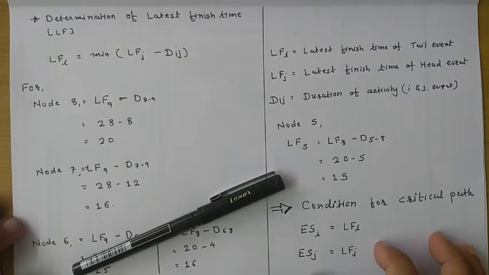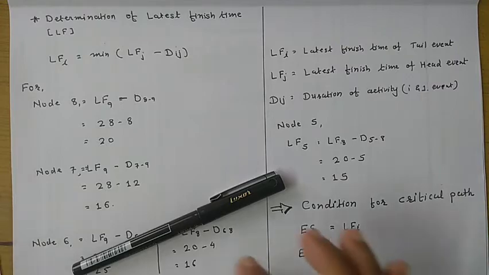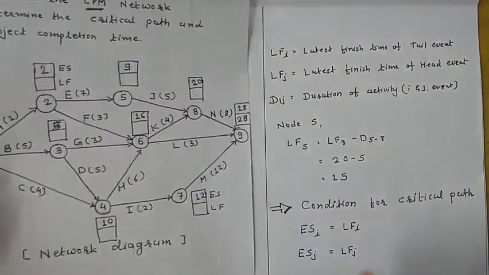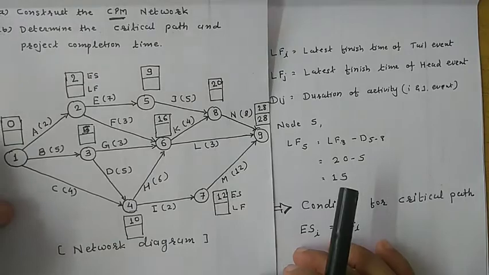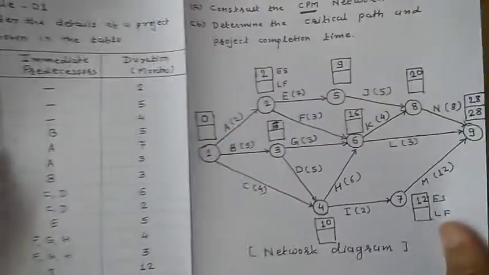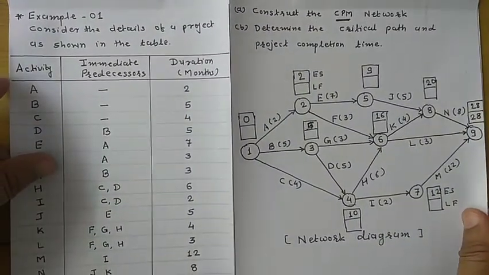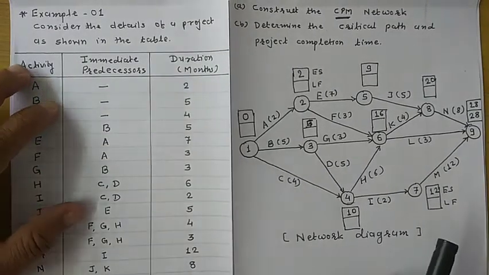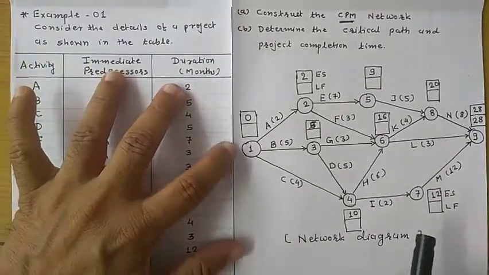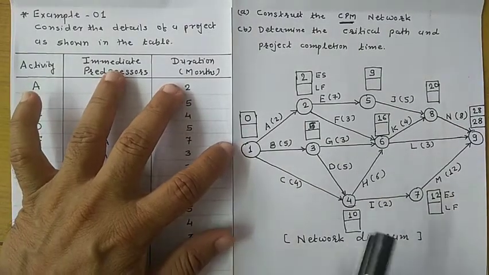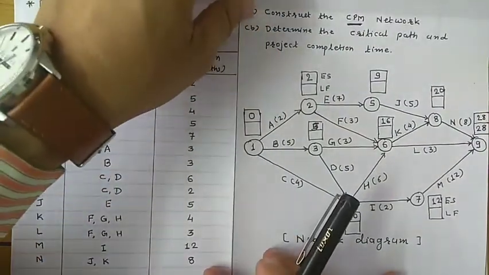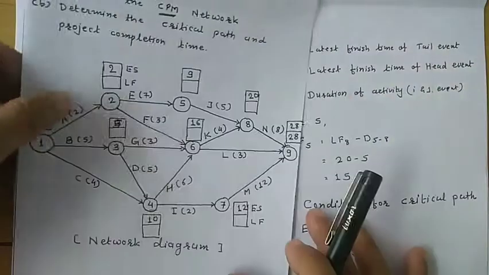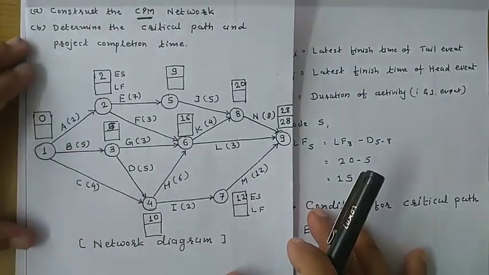Hello friends, in the previous lectures we have seen how to draw the network diagram as per our example. As per our example number 1, we have drawn the network diagram as well as calculated the earliest start time. Now we are going to calculate the latest finish time for our diagram.